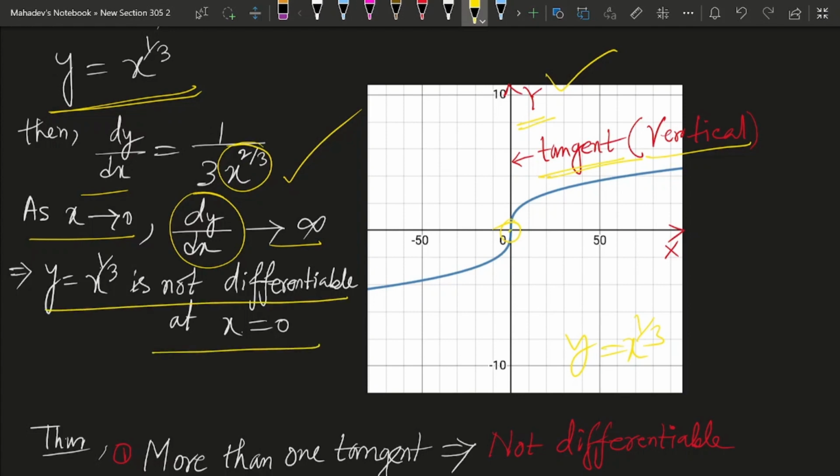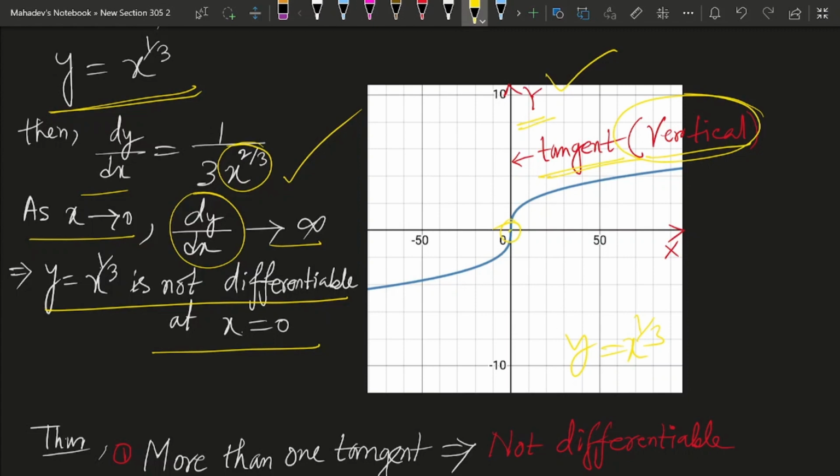So the answer to the question is that a unique tangent is not a sufficient condition for differentiability. In this case, we find a unique tangent of this function at the origin, but the function is not differentiable. Why not? Since the tangent is vertical.